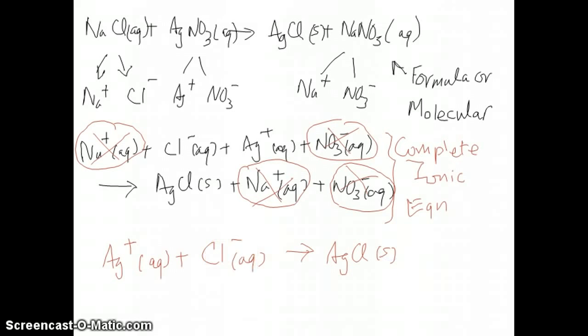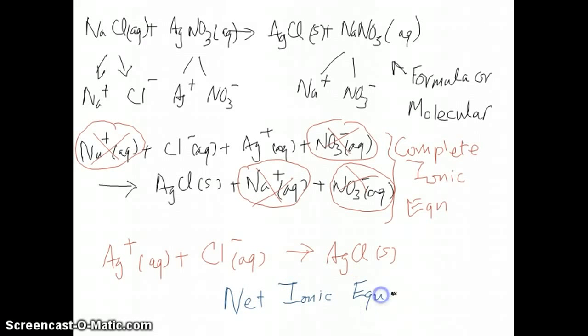Okay, now this last equation here, this is your net ionic equation, because now you have just the ions that participate in the reaction written. So this is called the net ionic equation.